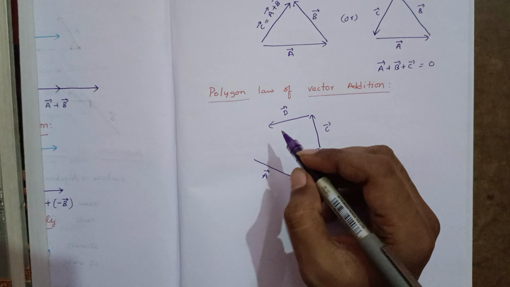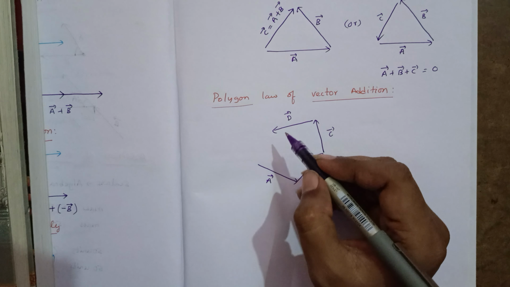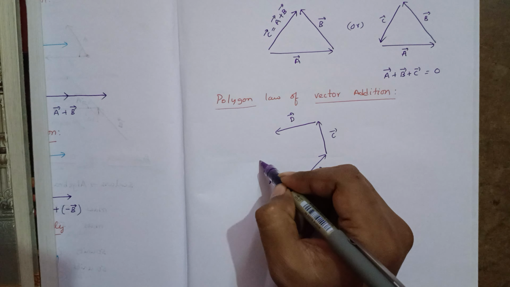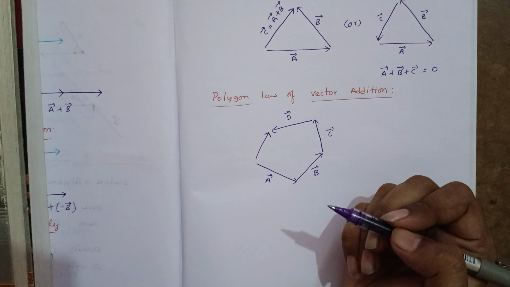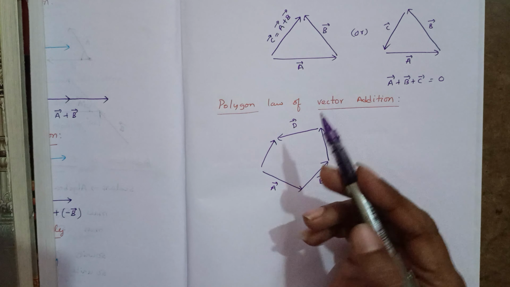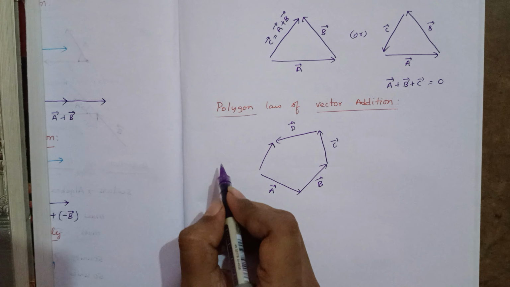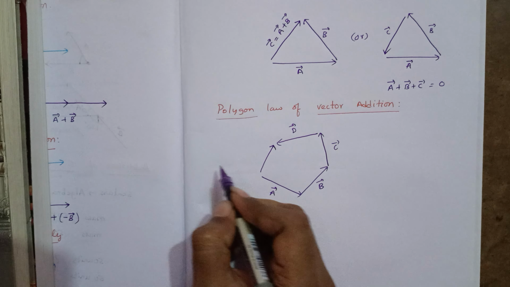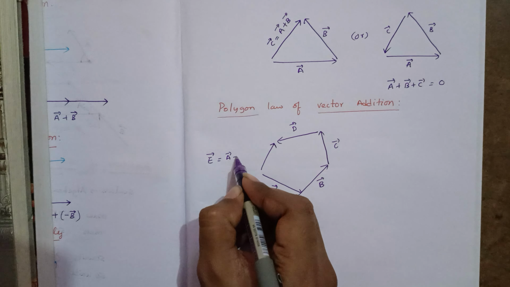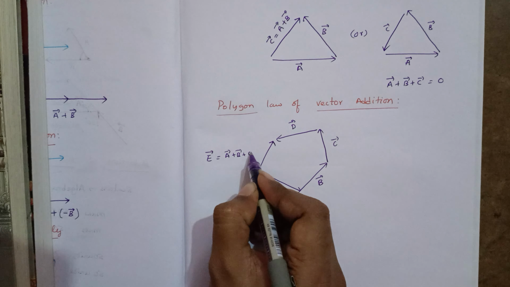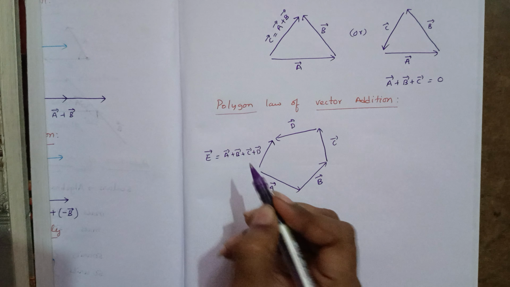Next, the resultant will be given by another side in the opposite direction, like this. So this can be written as E bar equal to A bar plus B bar plus C bar plus D bar.